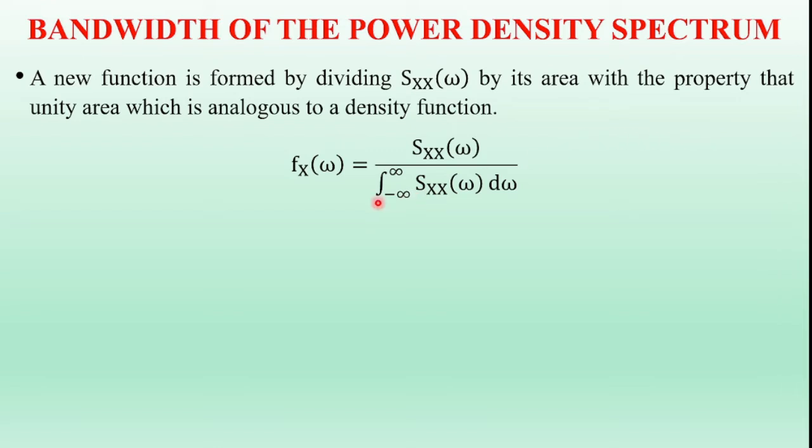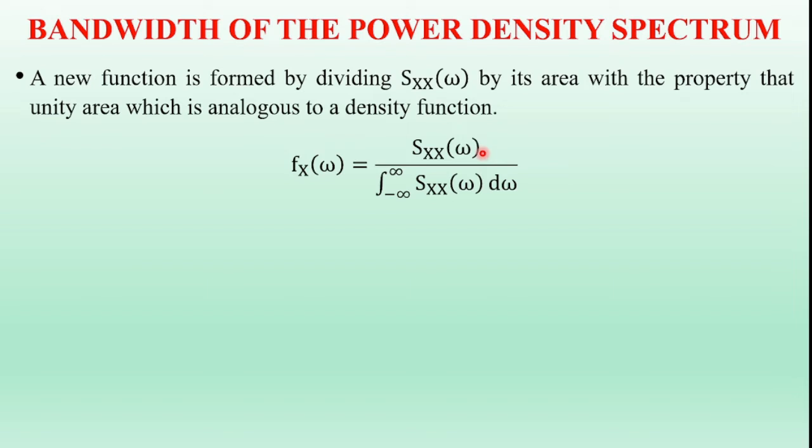So that is fx of omega is equal to Sxx of omega divided by integral minus infinity to infinity Sxx of omega d omega. So here Sxx of omega is the power spectral density of the random process x of t, and the denominator term is the area enclosed by a power spectral density.